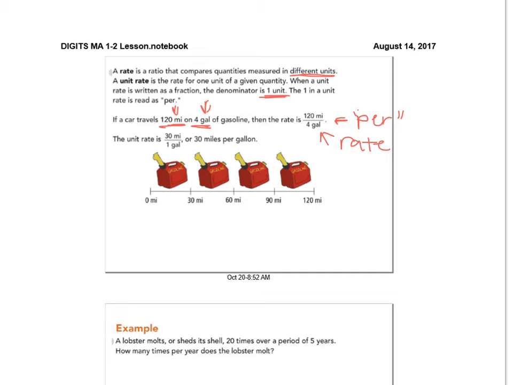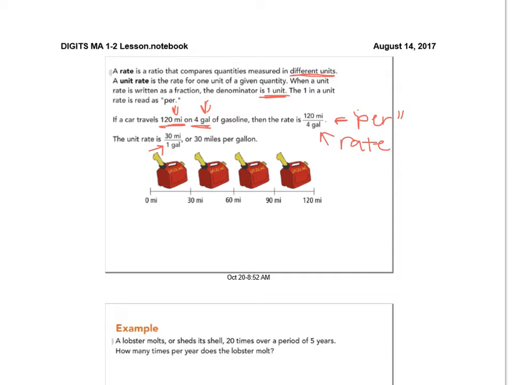Now, if I want to know how many miles I travel with just 1 gallon of gasoline, that is a unit rate, because now 1 gallon is at the bottom. That's just 1 unit. I want to know how many miles I travel in just 1 gallon. So a unit rate will always have a denominator of 1.